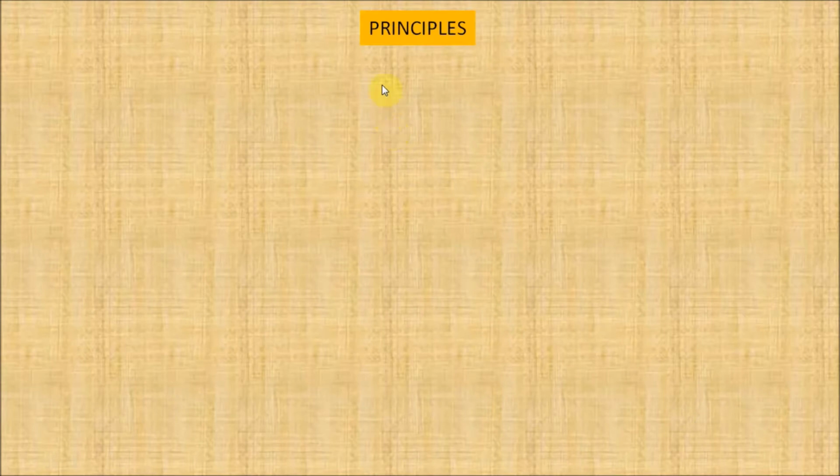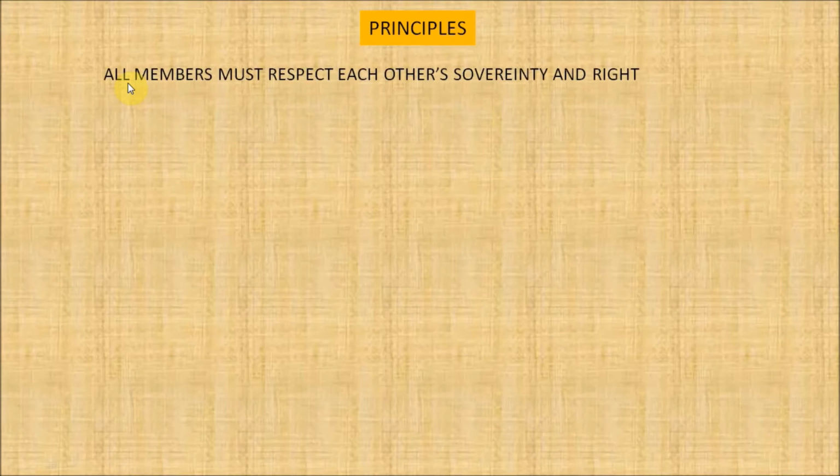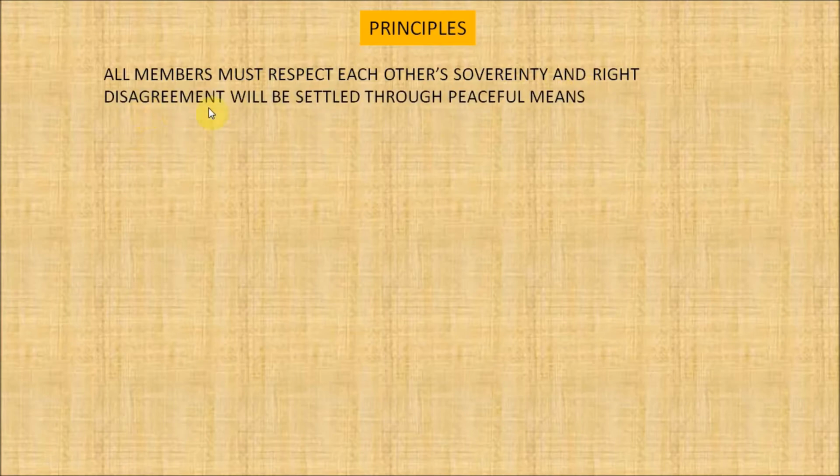Now let's see the principles of the United Nations. What are the principles? The United Nations has the following principles which all member nations must agree to. They are: first, all members must respect each other's sovereignty and rights. Second, disagreements will be settled through peaceful means.